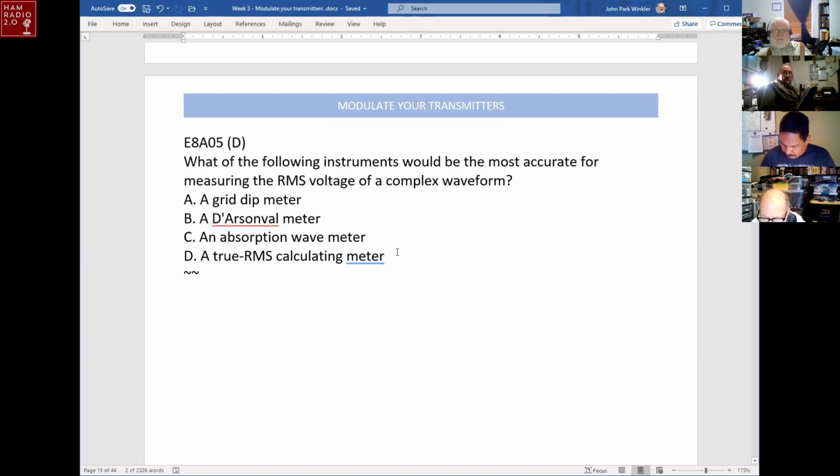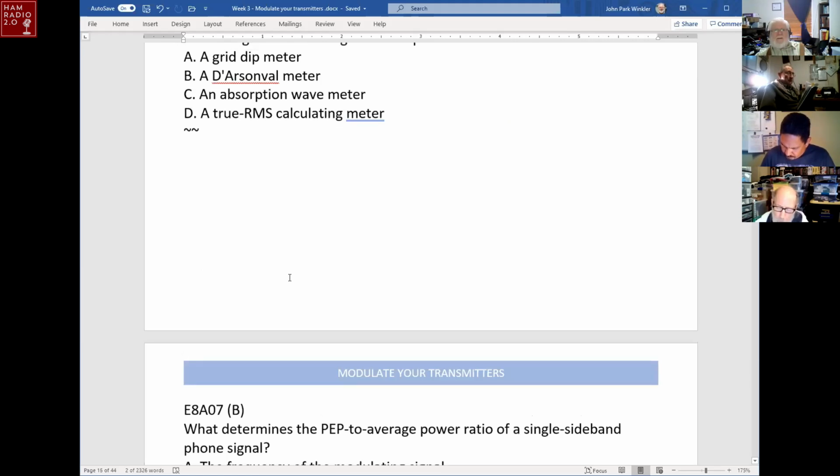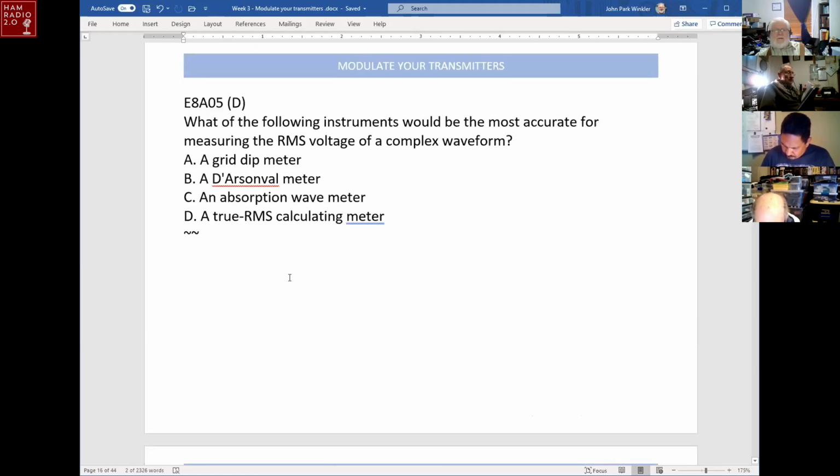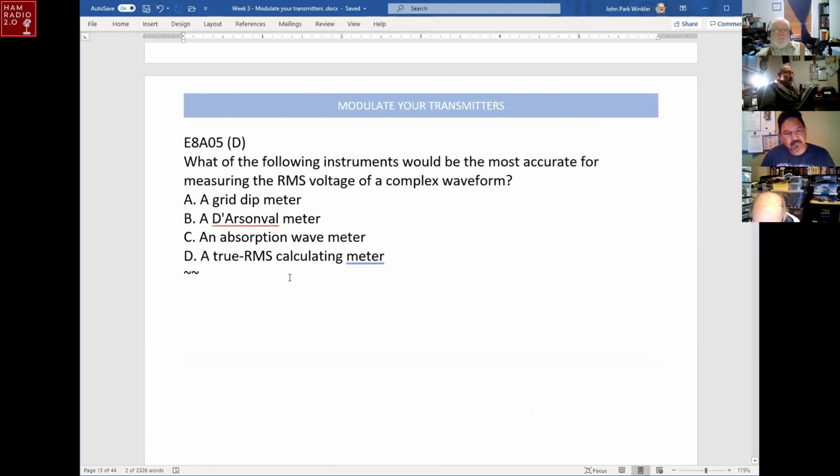That would be a meter that would analyze the signal and then calculate the root mean square voltage over time. For AC power, if you talk about a 120 volt sine wave, the root mean square voltage is what that 120 volts is. The peak voltage is about 170 volts.